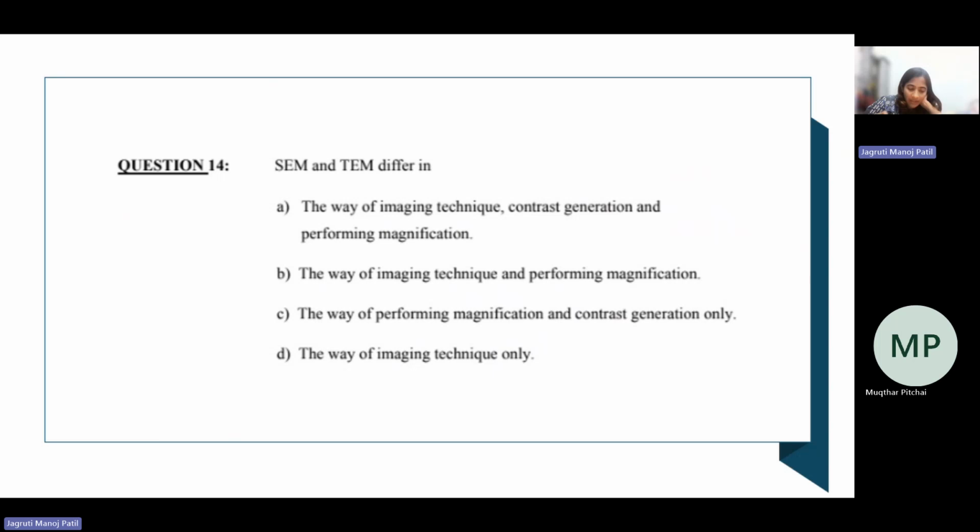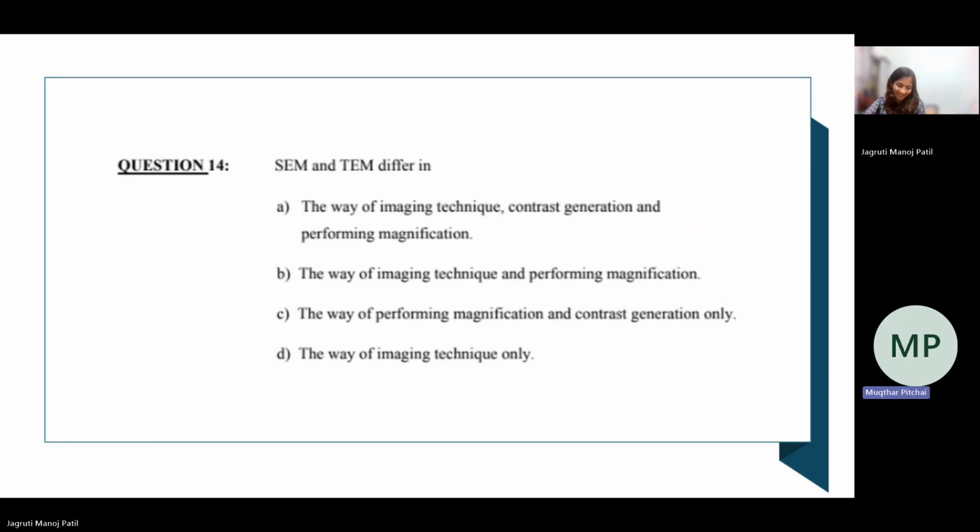Okay. SEM and TEM differ in which way? Imaging technique, contrast generation, and performance magnification. Yes, the way of imaging technique, contrast generation and performing magnification.